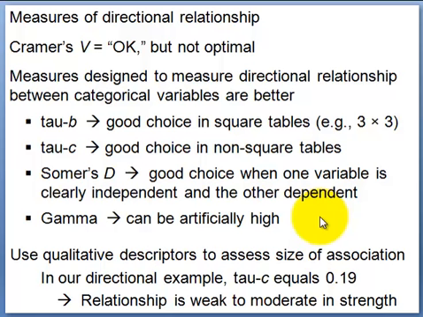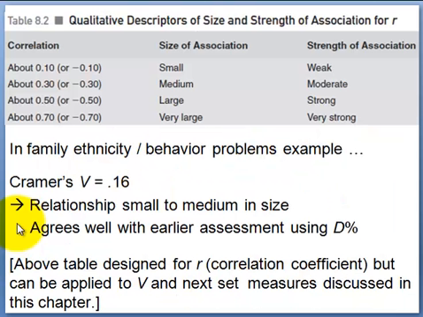You can use that same table that we looked at for Cramer's V to get a rough gauge of the size of association conveyed by one of these directional measures. A difference is that with Cramer's V, the value is always positive. It varies from 0 to 1, whereas these measures vary from -1 to 1. So take that into account as you look at the table of qualitative descriptors.